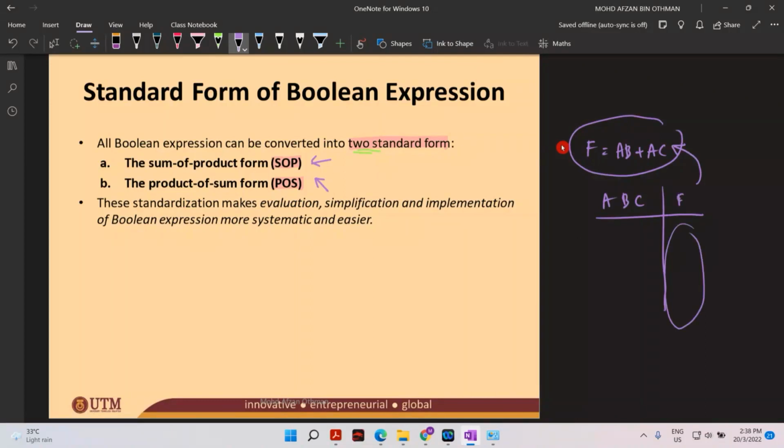Of course, to get the truth table, one way is to draw the logic circuit, put in all the input combinations and find the expected output. But the second way is by looking at the Boolean expression and mapping it directly into our truth table. Later we'll see how to do it.